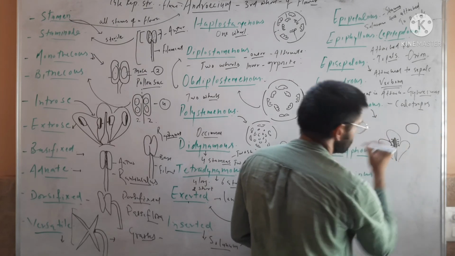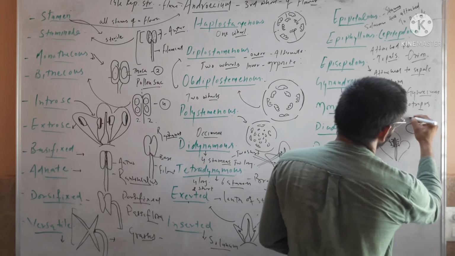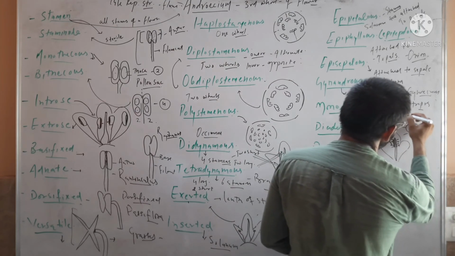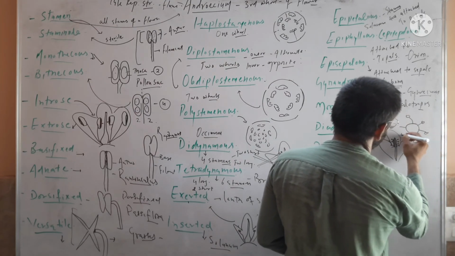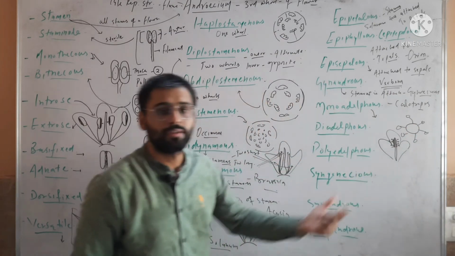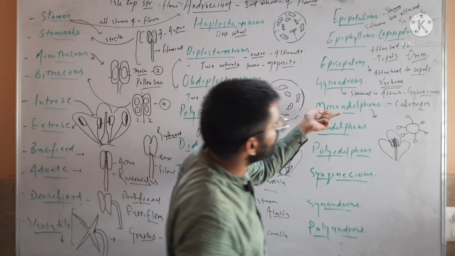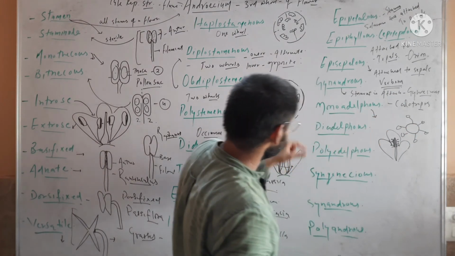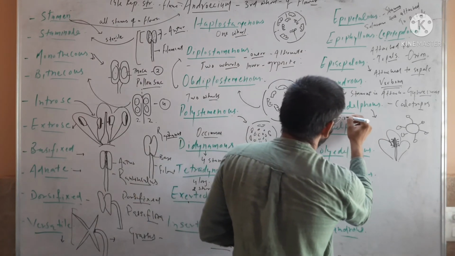We will show it like this. This is a single bundle, and on this bundle numerous stamens are there. So this type of stamens are called monoadelphous, found in China rose.